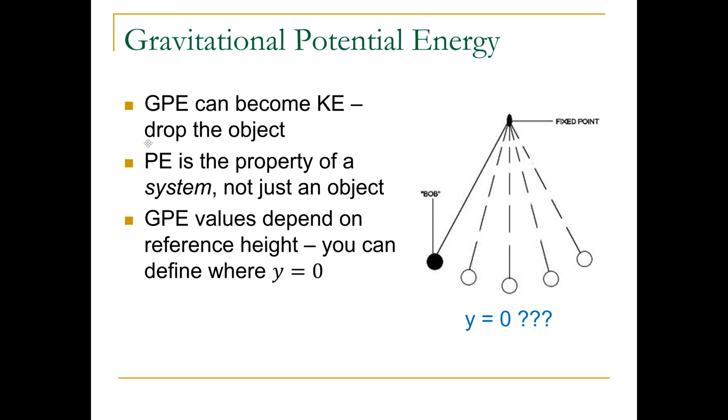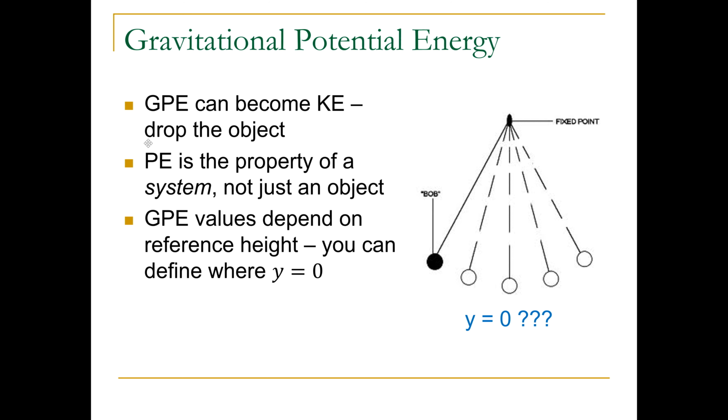Just as I was saying, GPE and KE can go back and forth in quite a few different scenarios. One example here is this pendulum, where the pendulum bob is moving up and down as it swings back and forth.